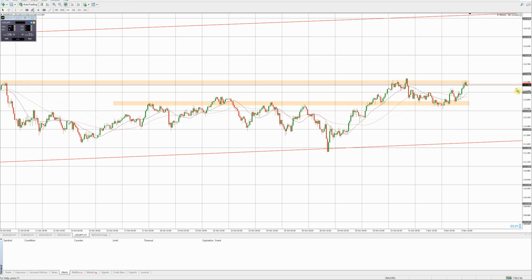Okay, let's proceed to the Euro USD. Again, on a daily chart, it has dropped to the former significant support, but has bounced from there, and it's still in a downward channel, though it has bounced from around 1.1300.